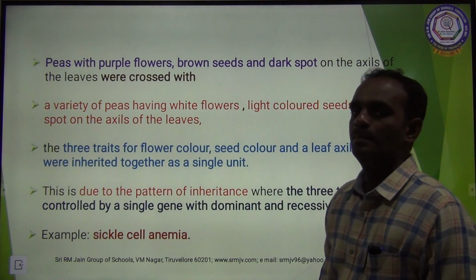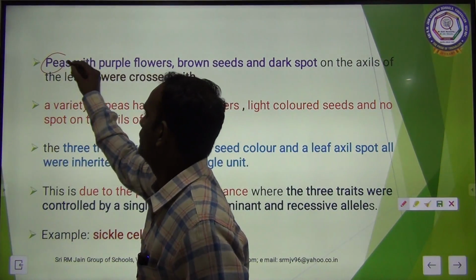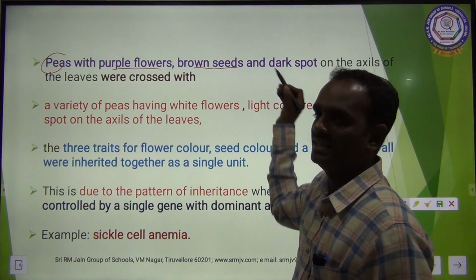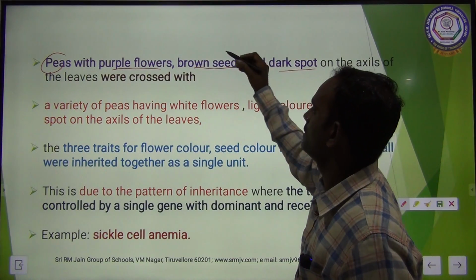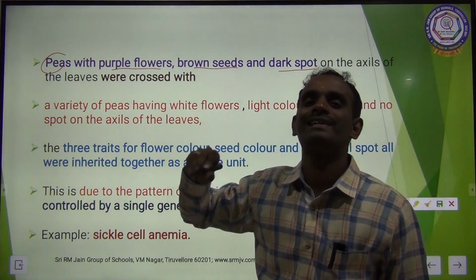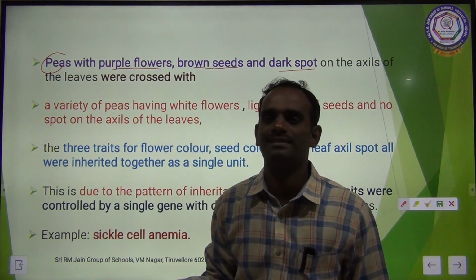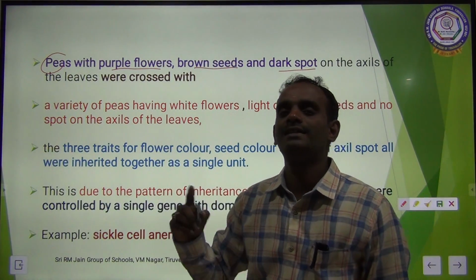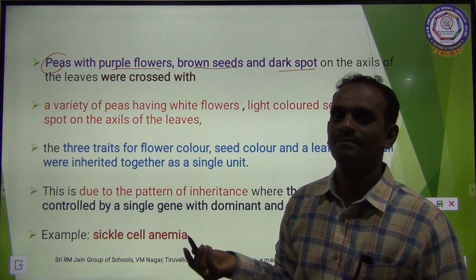See here, peas with purple flower, brown seeds and dark spot. These are three different, multiple characters. A single gene can alter multiple characters.